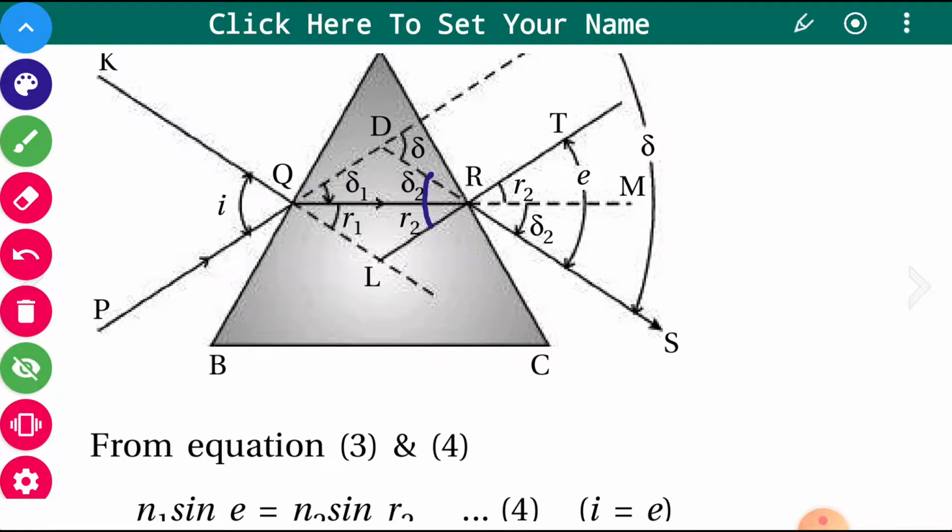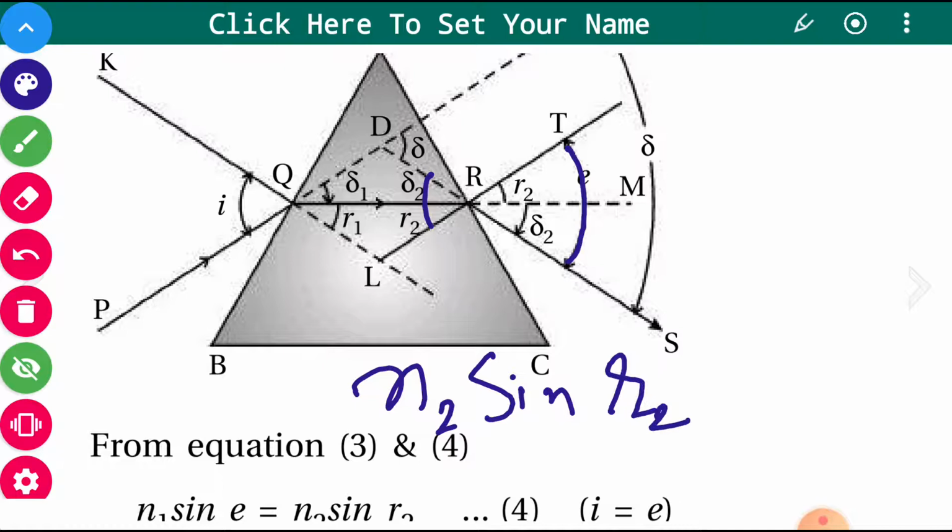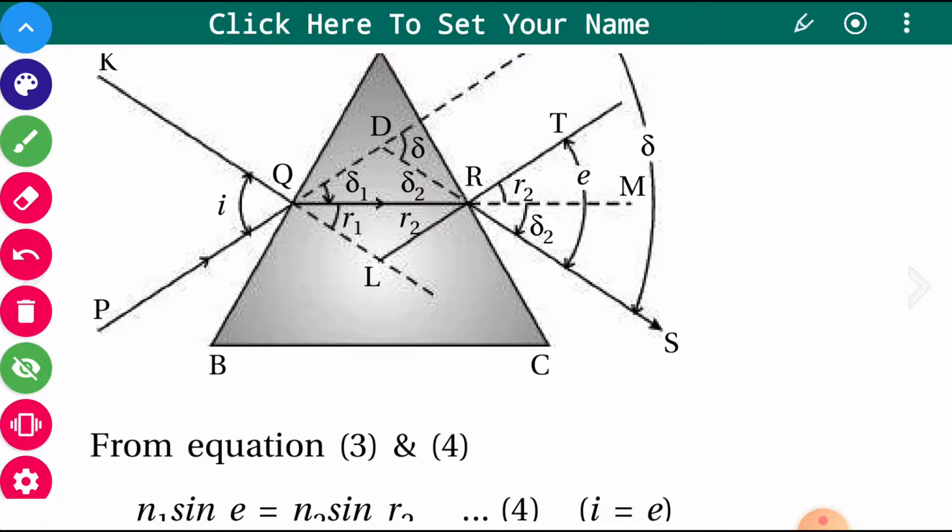The angle made by the incident ray with this normal, drawn at the point of incidence, is R2.